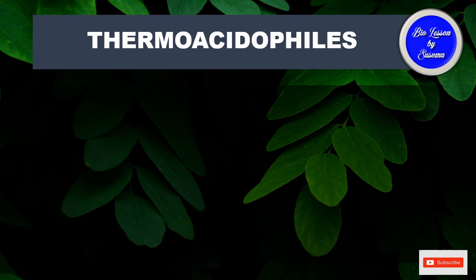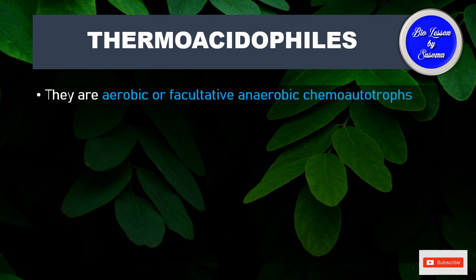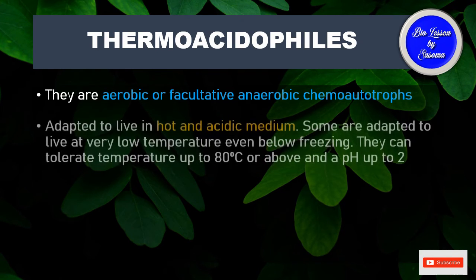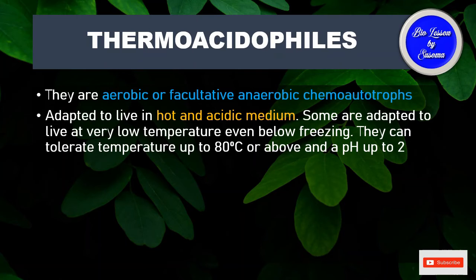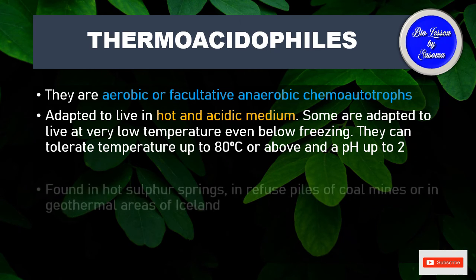Next, thermoacidophiles. Thermoacidophiles are the aerobic or facultative anaerobic chemoautotrophs. They are adapted to live in hot and acidic medium. Some are adapted to live at very low temperature, even below freezing. They can tolerate temperature up to 80 degrees Celsius or above and a pH down to 2.